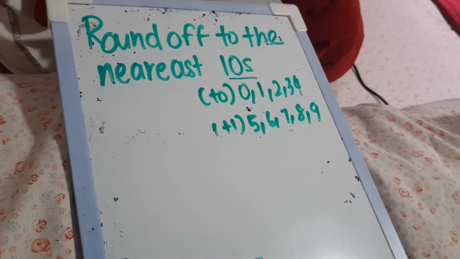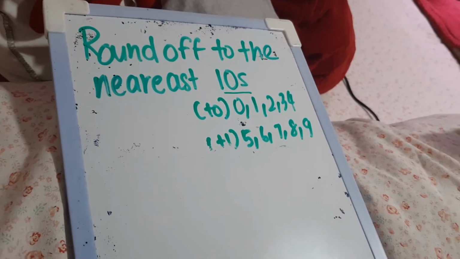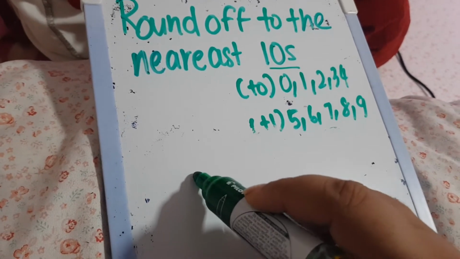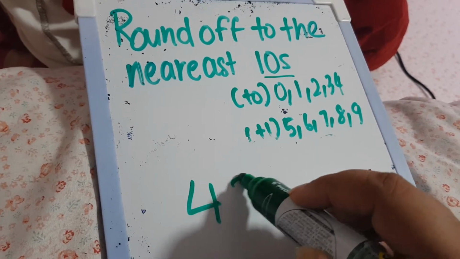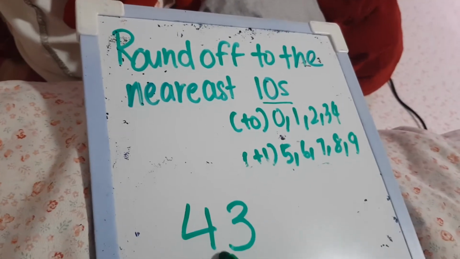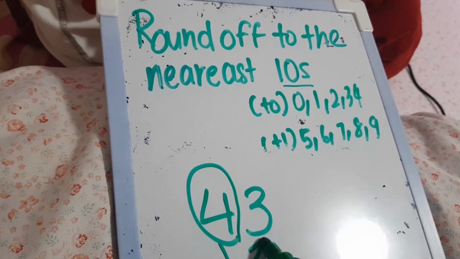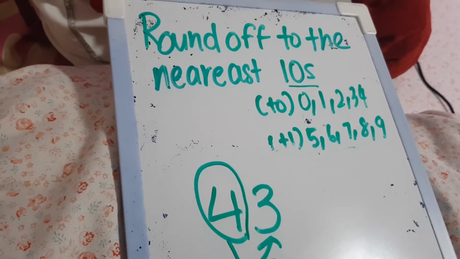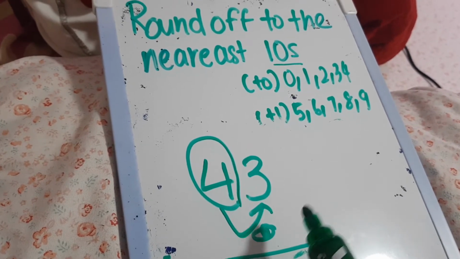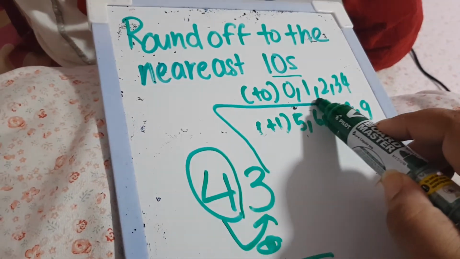You can pause there and look at the video again to refresh. Okay, another example of round off to the nearest tens. We have 43. Okay, step 1, circle the tens place. Step 2, look to the right. Step 3, look at the right side number, 3.